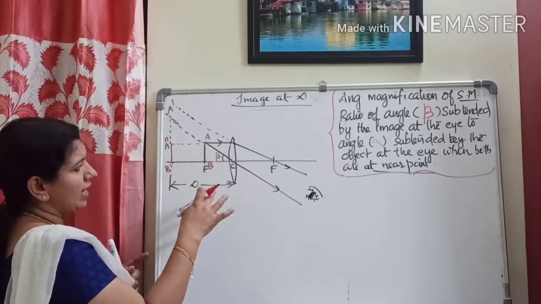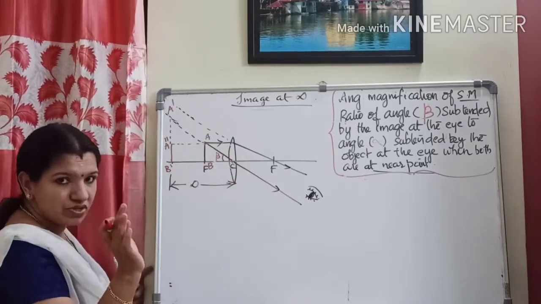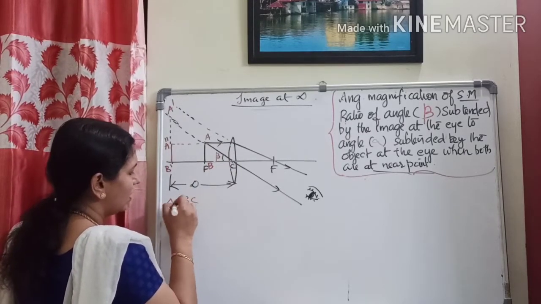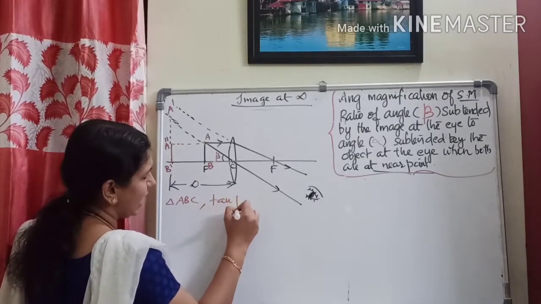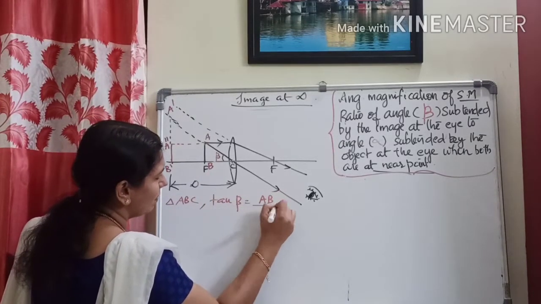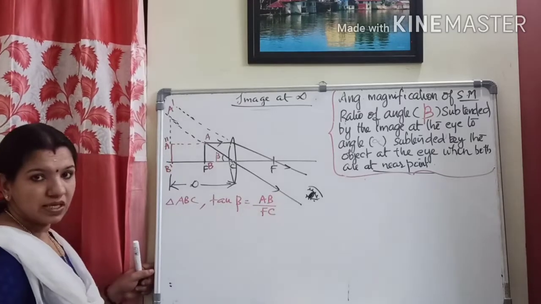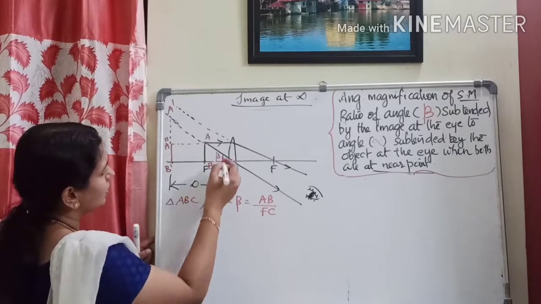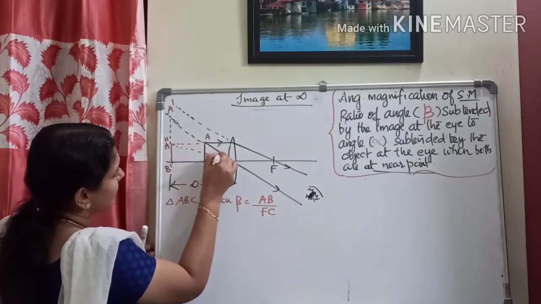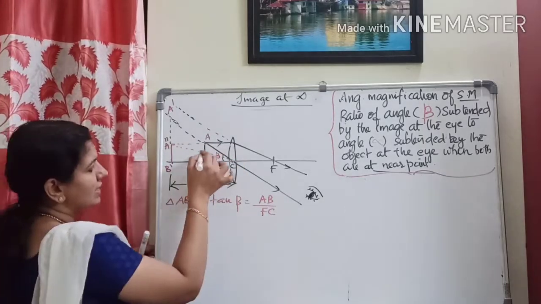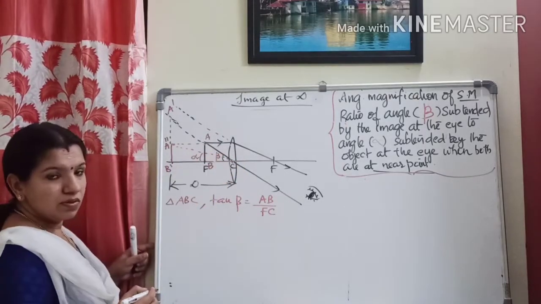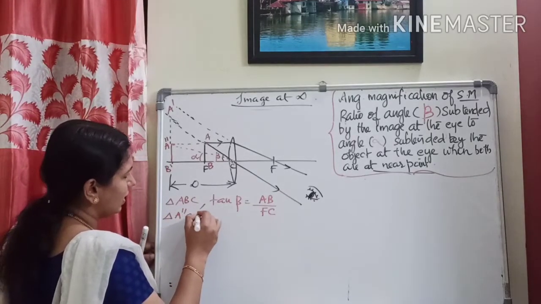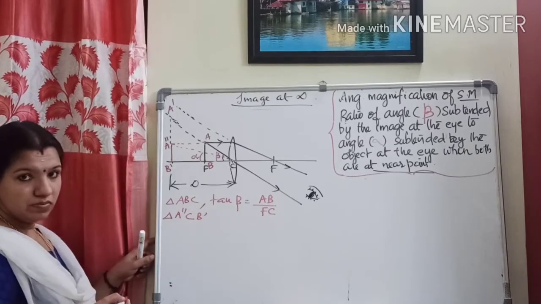Now for our convenience, I am considering this small triangle. Okay. So from triangle ABC, what is tan beta? Tan beta is AB by FC. Isn't it? AB by FC. Now the second triangle, the angle made by the object with the human eye, that is marked as alpha, which is triangle A double dash C B dash. Okay.